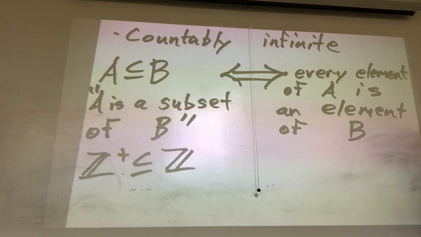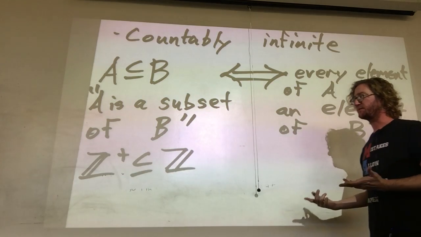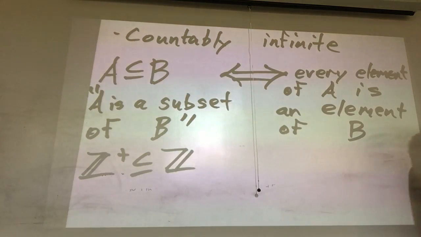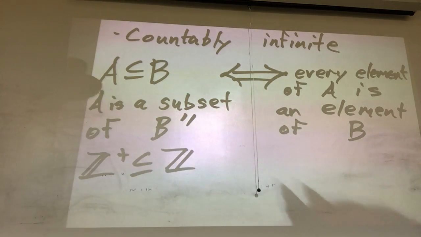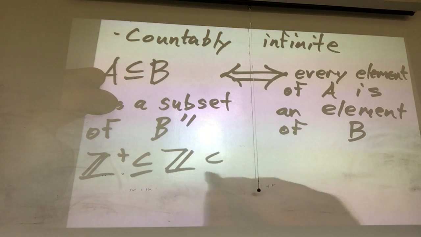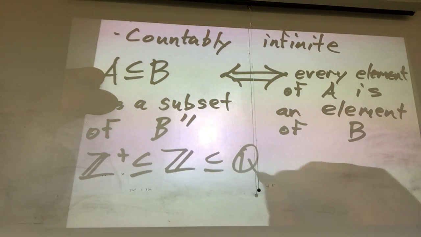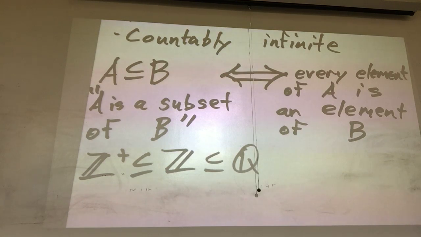Okay? Because every positive integer is an integer, so every element in Z plus is in Z. And so the set of integers is a subset of the rationals.